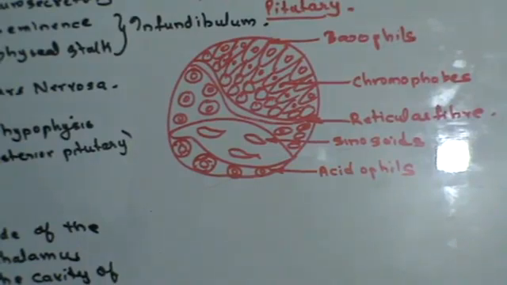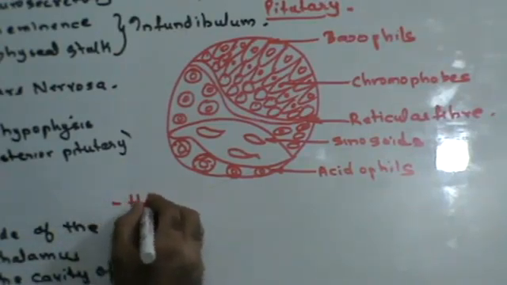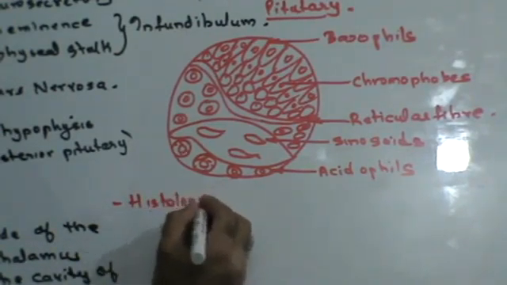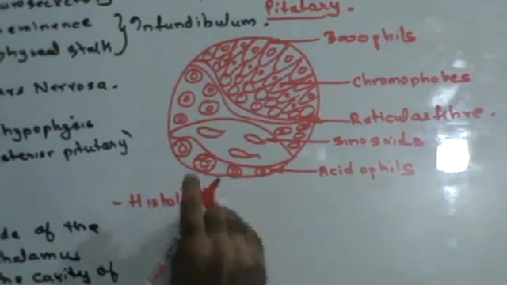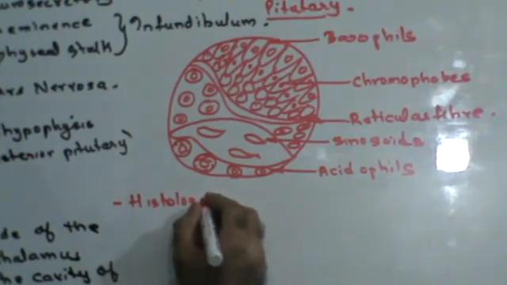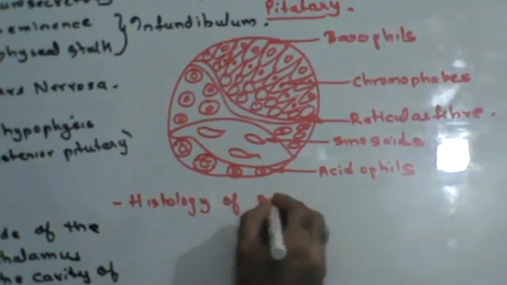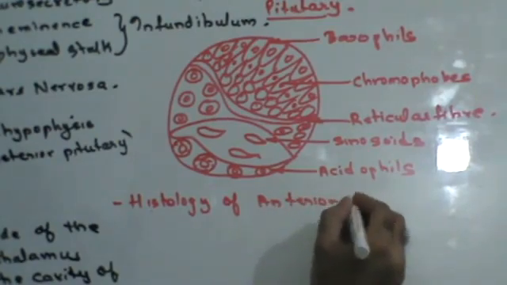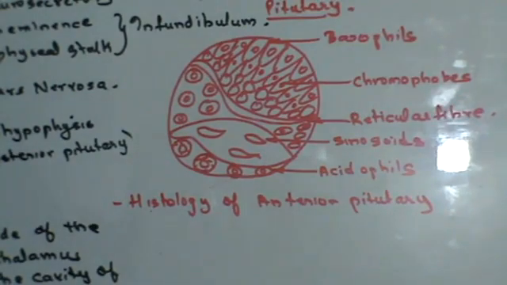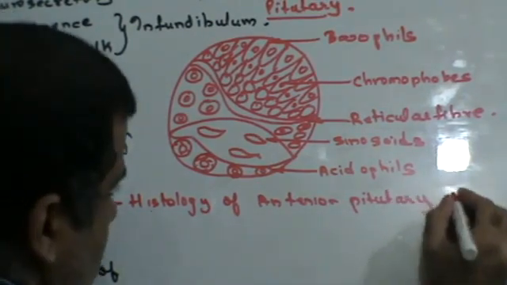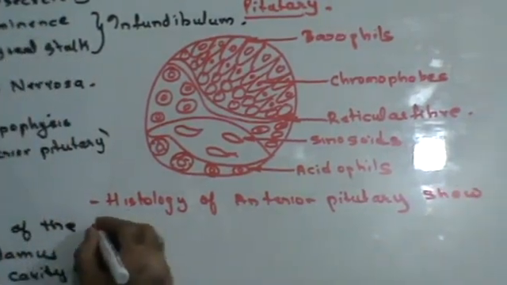Right? Let's see this. The histology of the anterior pituitary shows the presence of cords of cells bound together by reticular fibers.